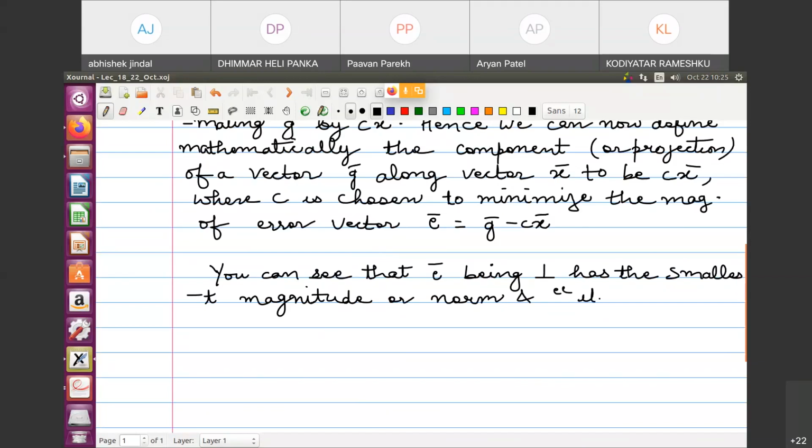Indeed, only one E exists which is orthogonal to x, and that E will give you the minimum norm error in approximating G via Cx.